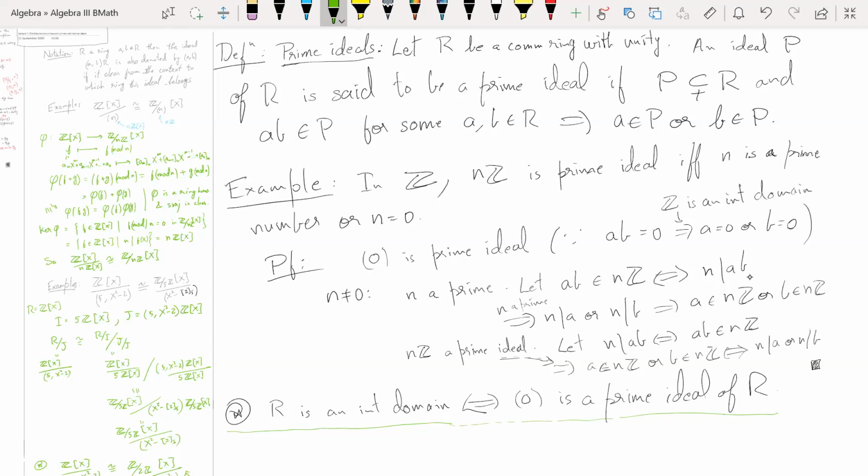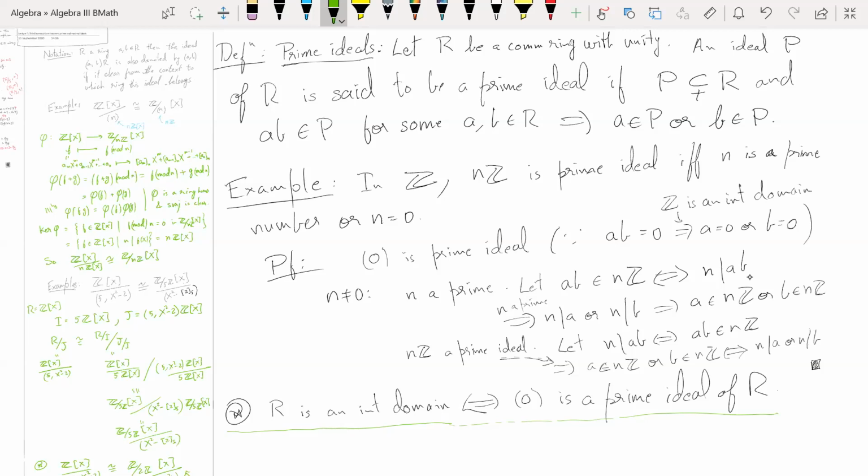Now for n not equal to 0, say n is a prime number, let ab belong to nZ. What does this statement mean? This means that n divides ab, so ab is a multiple of n. And if n is a prime number, then we get that n divides a or n divides b. That's the definition of prime number in integers. And n divides a is equivalent to saying that a belongs to nZ, and n divides b is equivalent to saying b belongs to nZ.